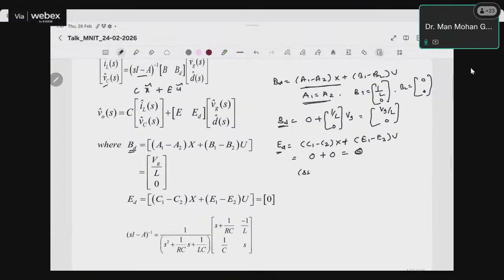We need to calculate SI minus A inverse. For SI minus A inverse, first we need to find the SI minus A. So SI minus A is S into the identity matrix [1 0; 0 1] minus A. Now what is the A?